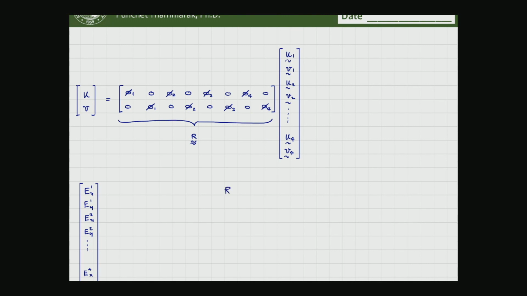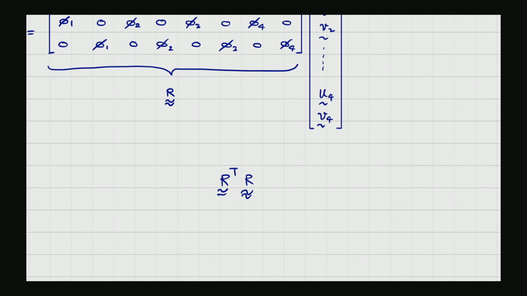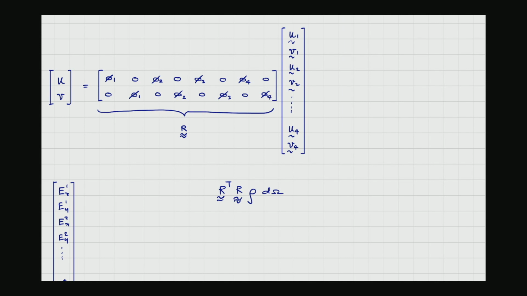So you're gonna have R transpose multiplied by R, multiplied by rho, and integrate over your domain.